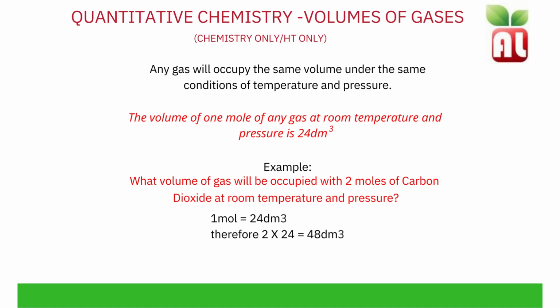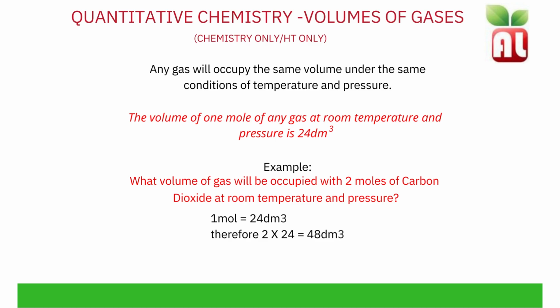Volumes and moles of gases. Any gas will occupy the same volume under the same conditions of temperature and pressure. The volume of 1 mole of any gas at room temperature and pressure is 24 decimeters cubed, or 24,000 centimeters cubed.